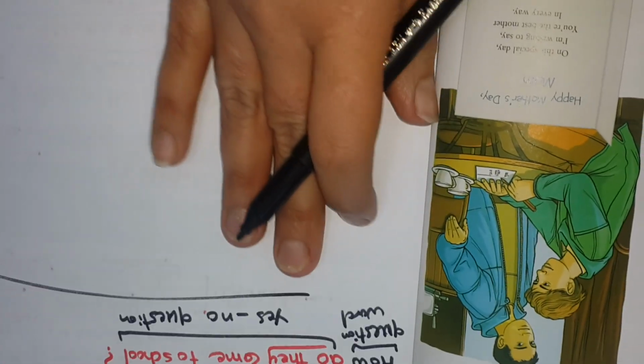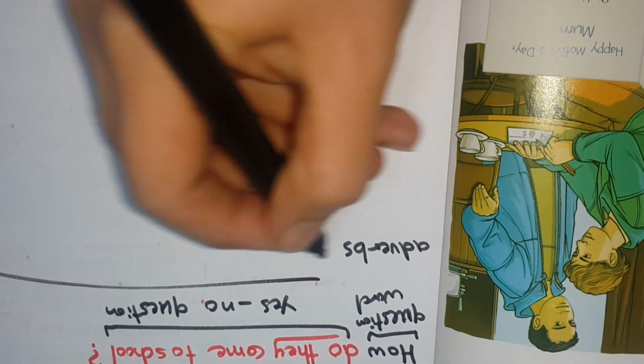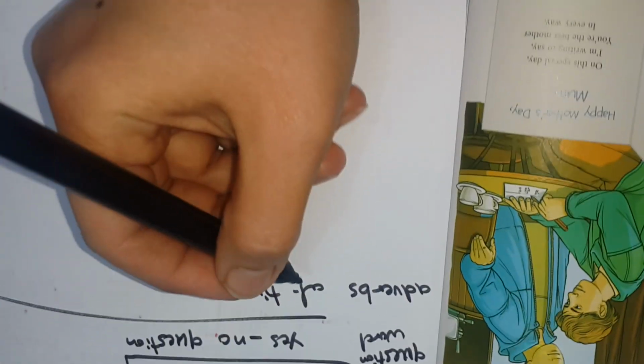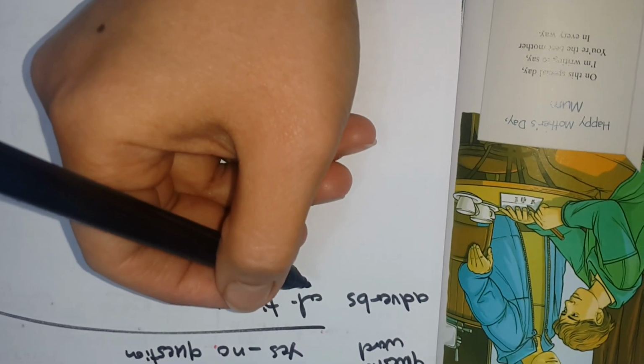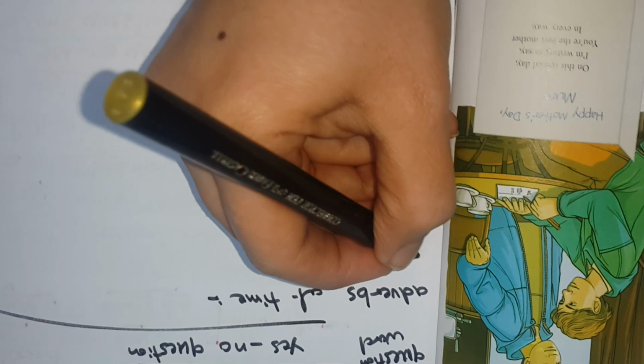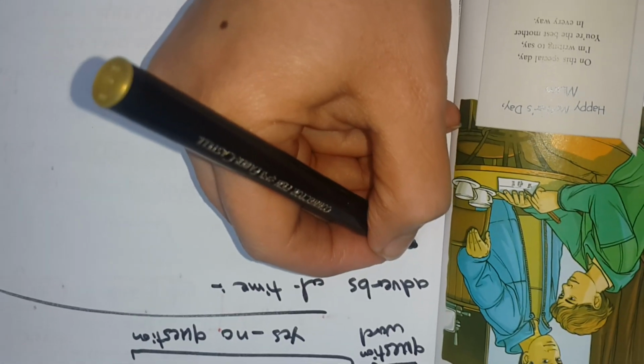Okay? Now we will talk about the adverbs of time that we usually use with the present simple tense. They are very familiar to you. I think you always use them when you are talking to your friends about your daily routine.